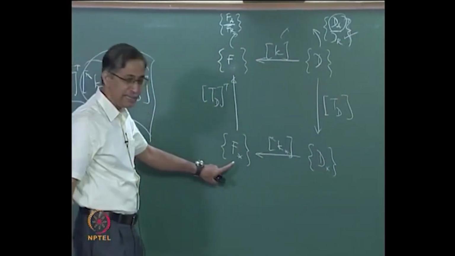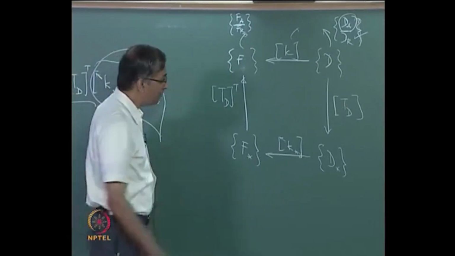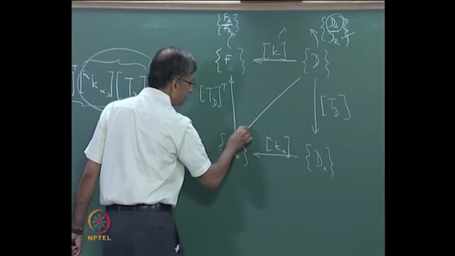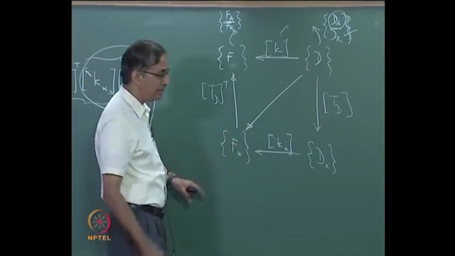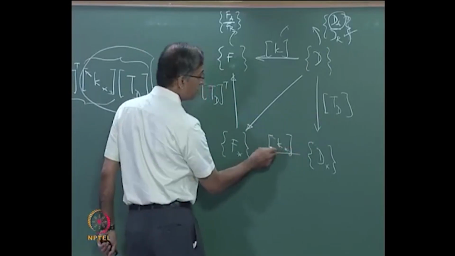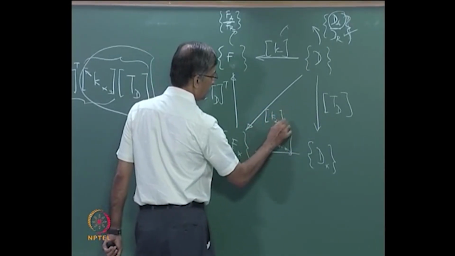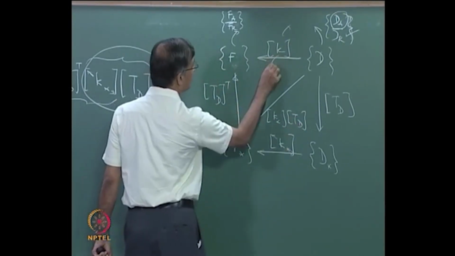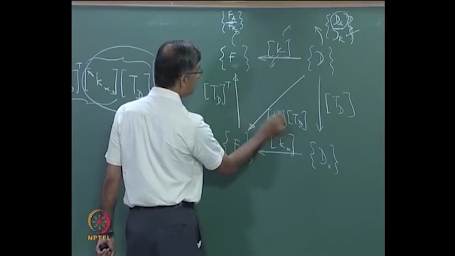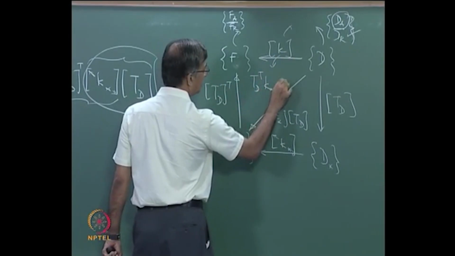You want to find the internal forces, these are the member end forces. So you have a shortcut route here. After you know this, you can get this directly by doing this transformation, K star into TD, and then the next transformation K is given by TD transpose K star TD.